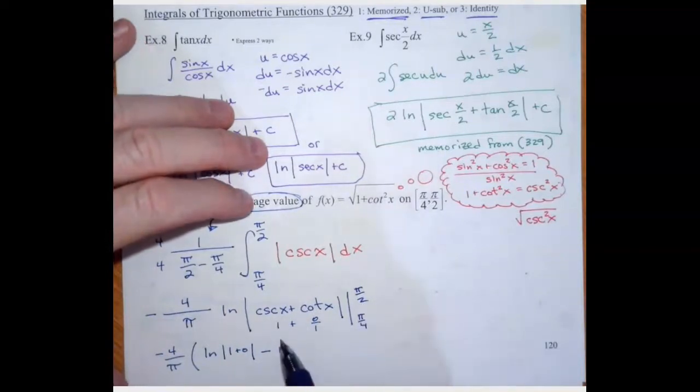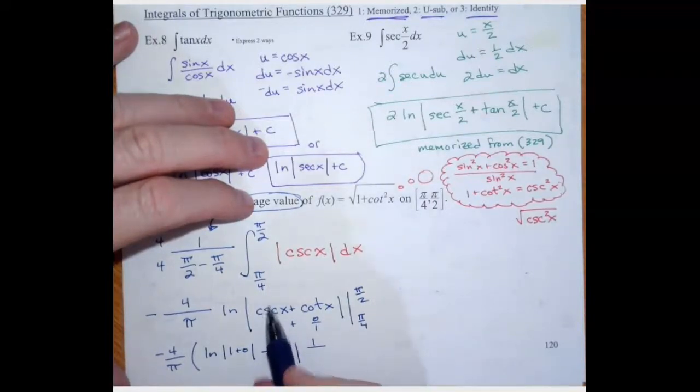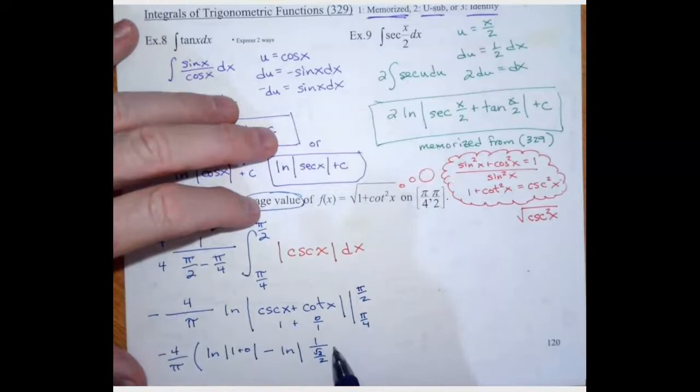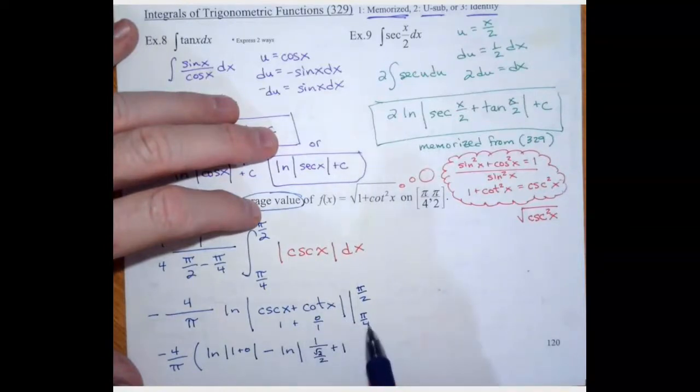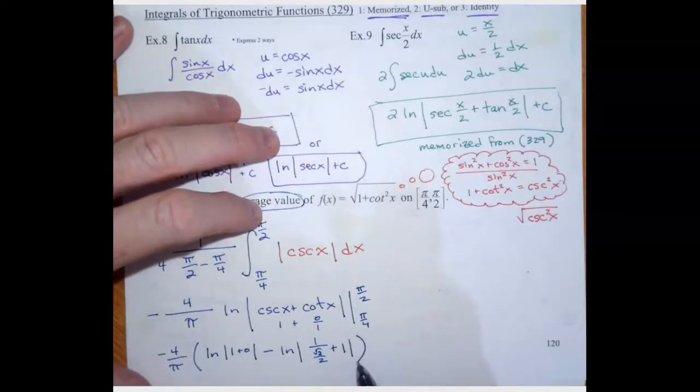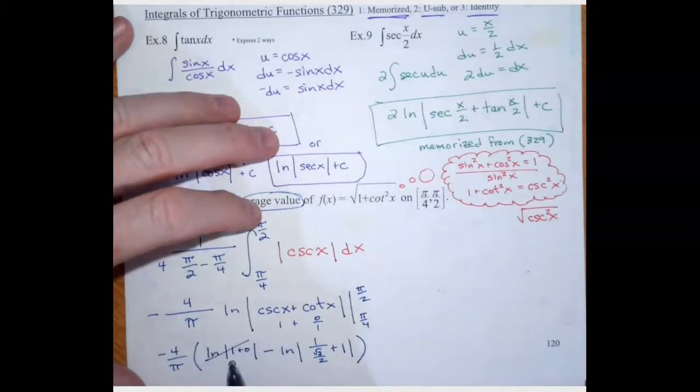So when you plug in pi over 4, you're going to get 1 over sine, so that's root 2 over 2, and then plus cotangent of pi over 4 is just going to be 1, because it's cosine 45 over sine 45, and they're both root 2 over 2, so that's going to be 1. Okay, so this is the natural log of 1, which is going to be 0.